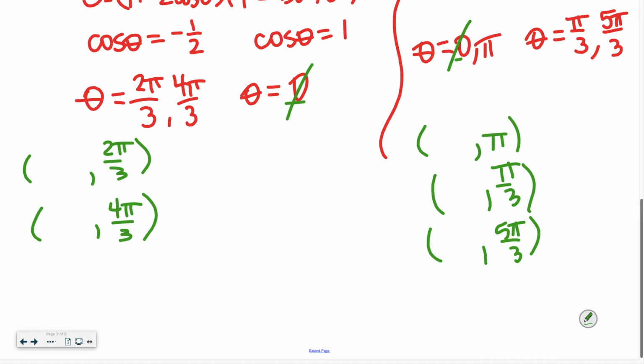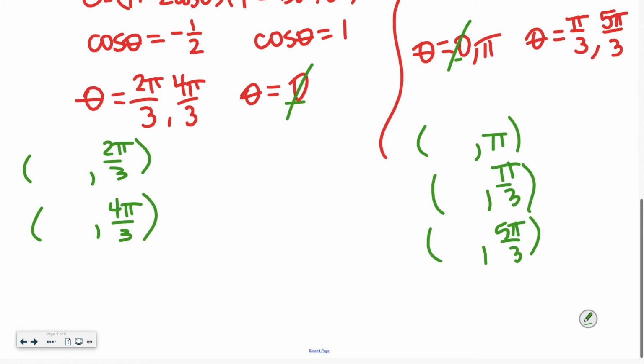So the cosine is... it's 1 minus... Yes, let's go. 5 pi over 3 is this one. We know theta cosine is 1/2.